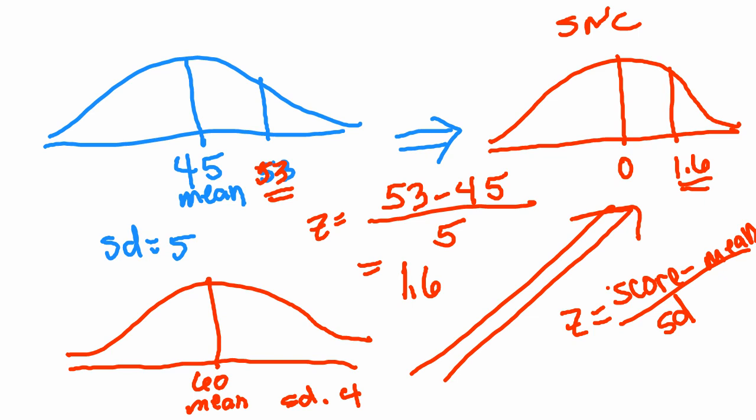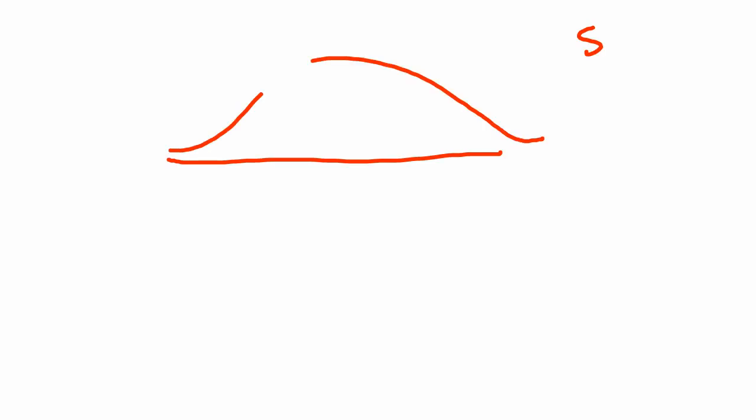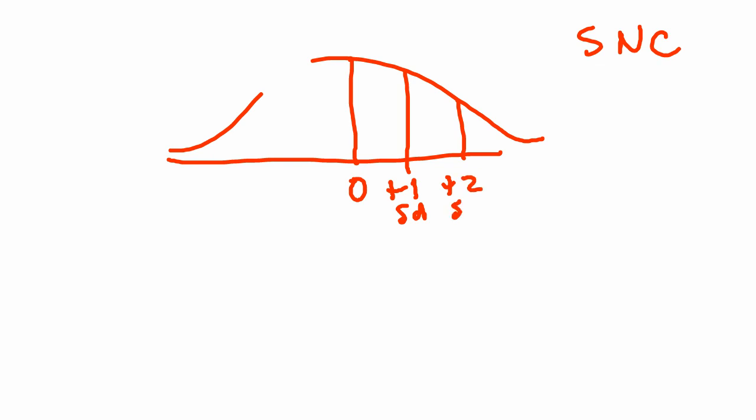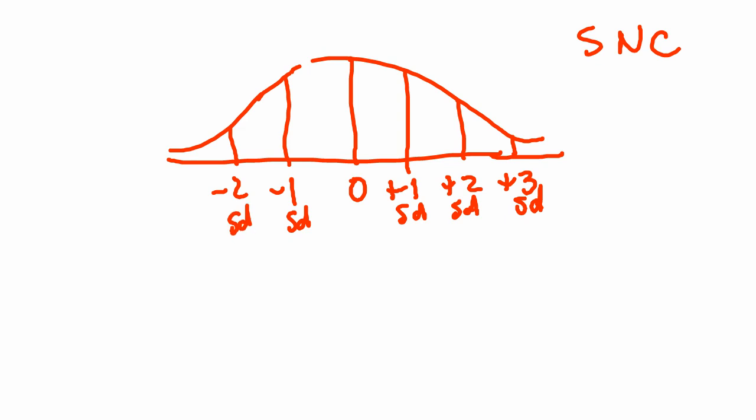And then we talked about the empirical rule. Again, on a standard normal curve where the mean is 0, we move over +1 standard deviation, +2, +3, and going this way, it's -1. I'm just approximating it; you can just draw a rough sketch.